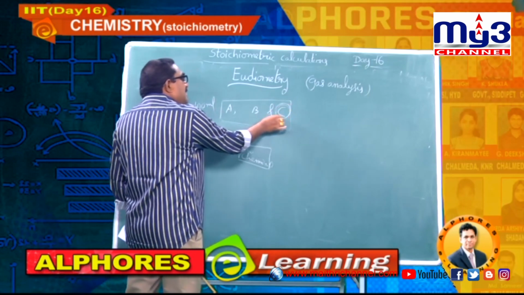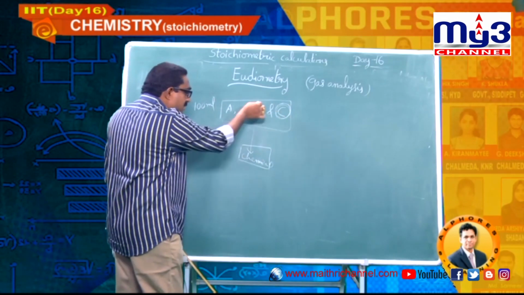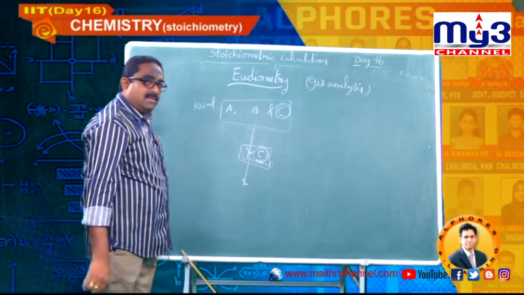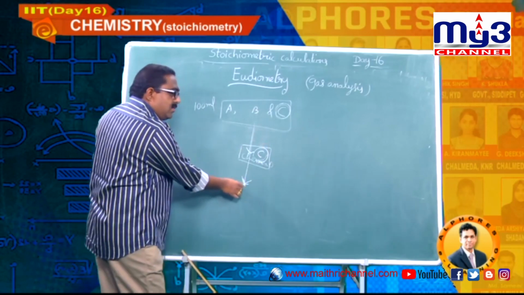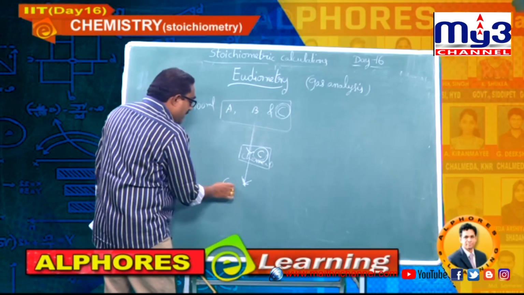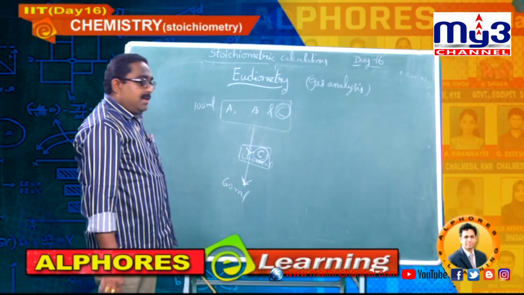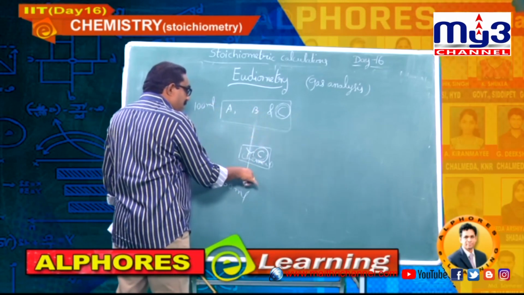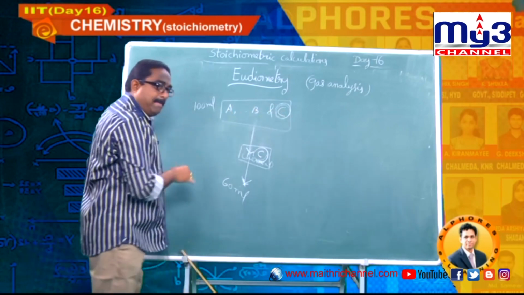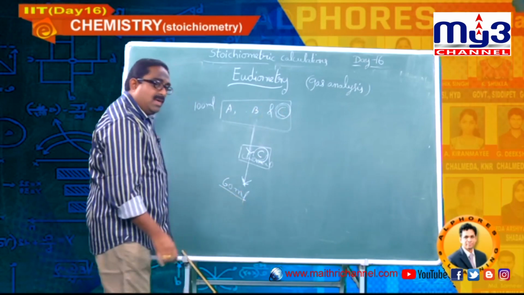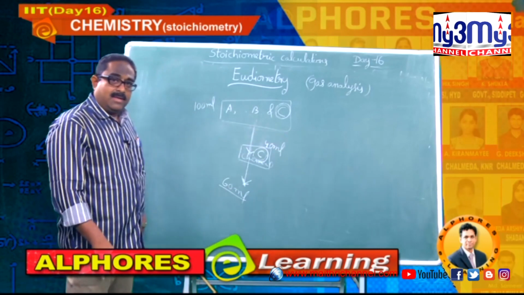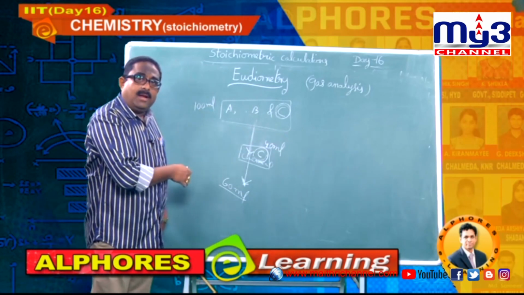If you pass this mixture through this chemical, C gas will be absorbed here. If you calculate the volume with an iodometer calibrated in milliliters and get, say, 60 ml after sending 100 ml through this chemical, then what is the volume of C? 40 ml. So this is analysis of a gas mixture.